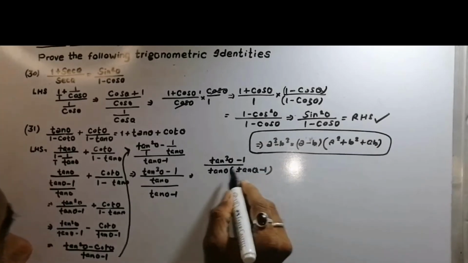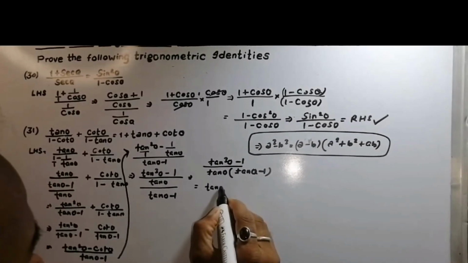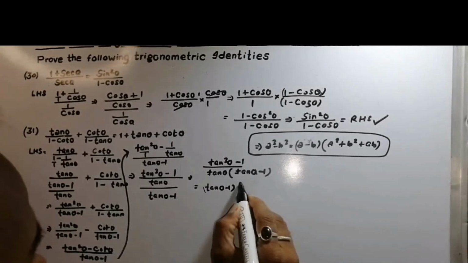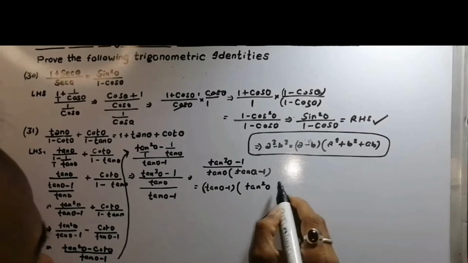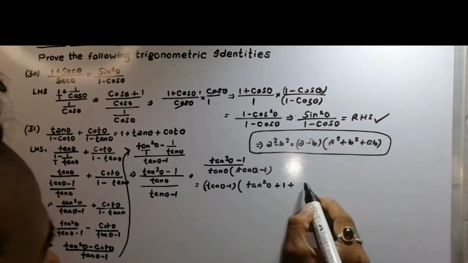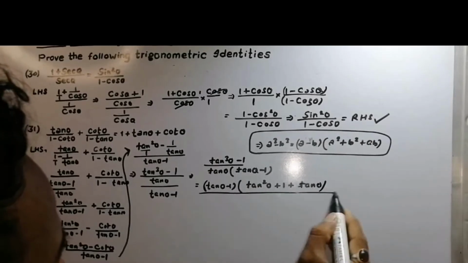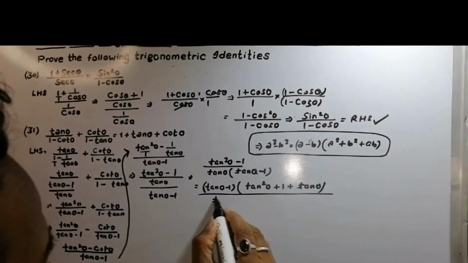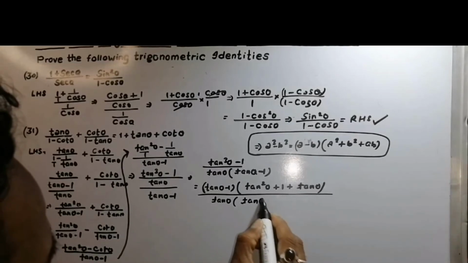So we can write in place of this tan theta minus 1, tan square theta plus 1 plus tan theta, and again the same, tan theta minus 1.